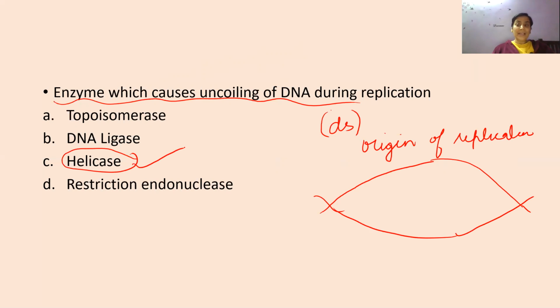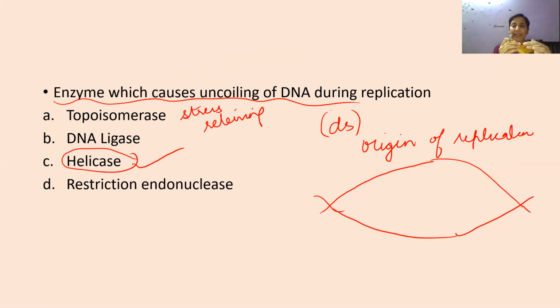Right. If we look at other enzymes, topoisomerases is the stress relieving enzyme, because DNA is so tightly wound that so much stress will be generated when we try to pull DNA strands apart.